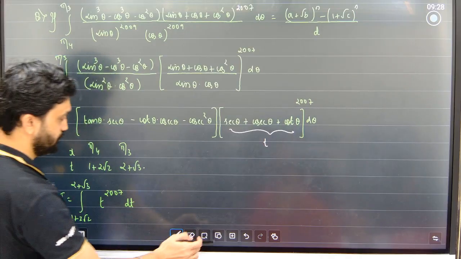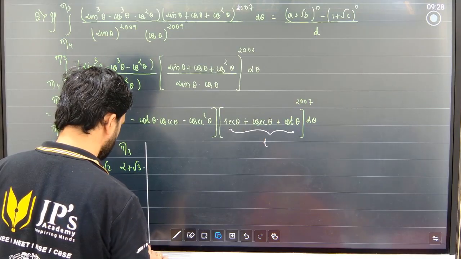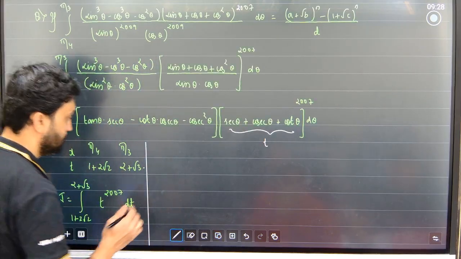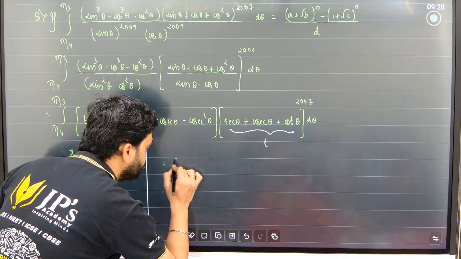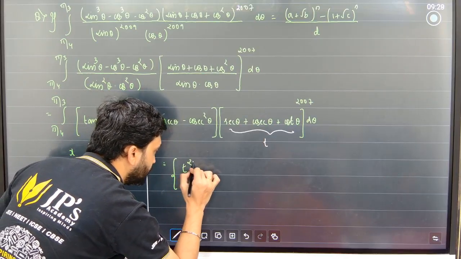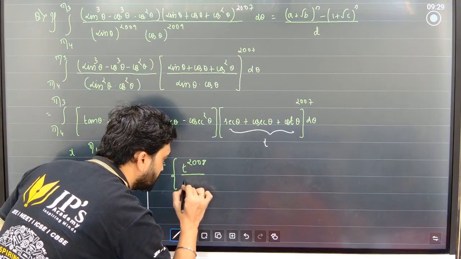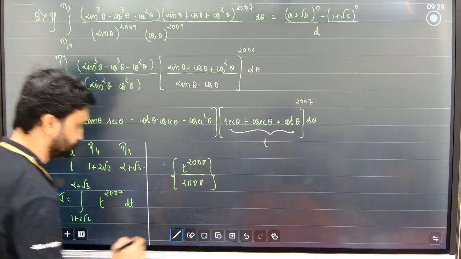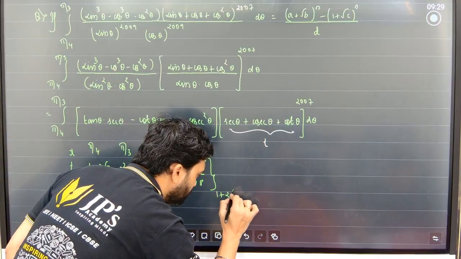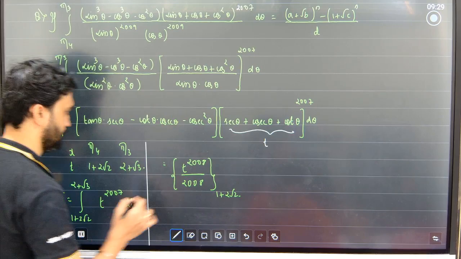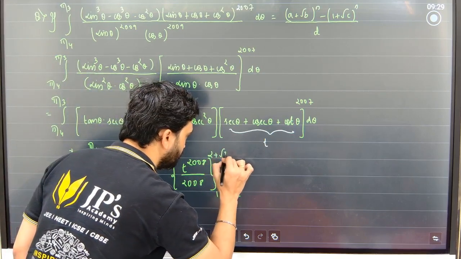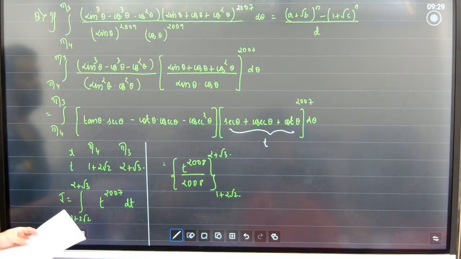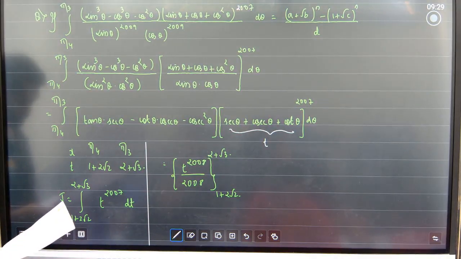It will become t raised to 2008 upon 2008, from 1 plus 2 root 2 to 2 plus root 3.